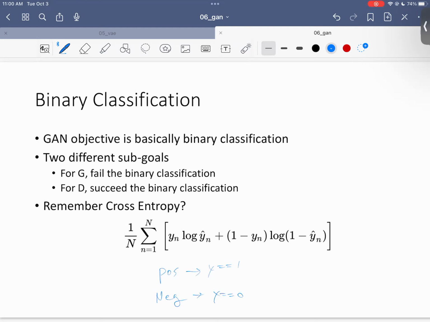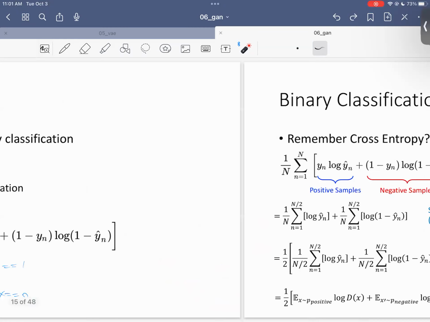I mean the true y, not the y hat, which is a prediction. So obviously for negative samples this term goes away, and for positive samples this term goes away. So we're left with only one of the two terms.